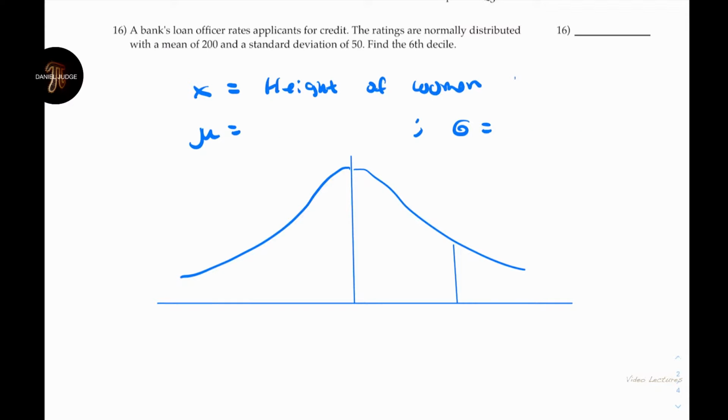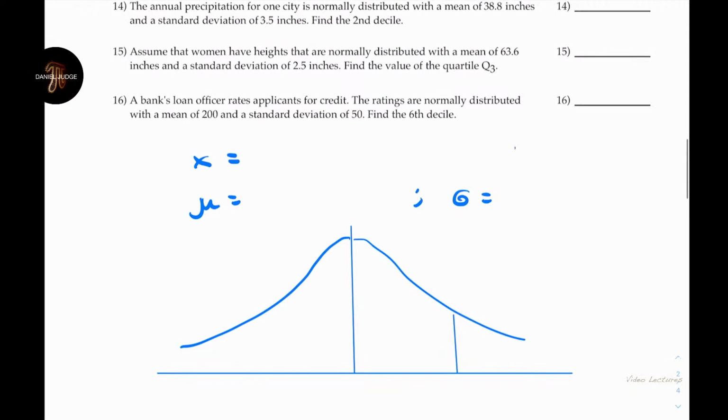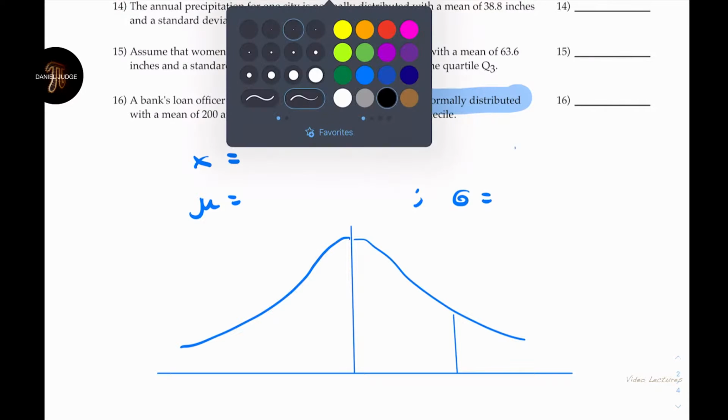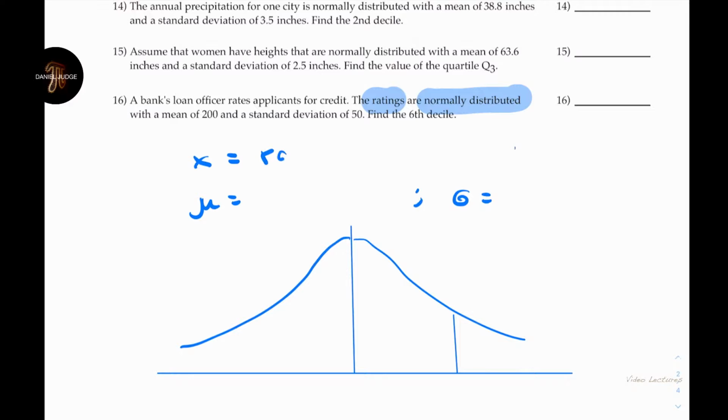And notice what they're saying now. A bank's loan officer, there's the bank again, rates applicants for credit. The ratings X are normally distributed. So X equals the ratings.